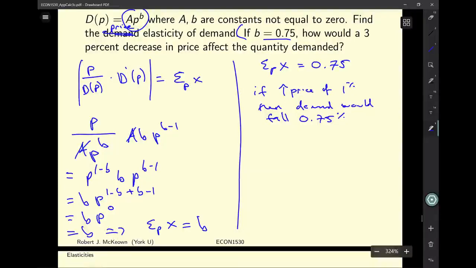So the answer is we're going to decrease the price by 3% and then multiply this by 0.75. Don't need the percentages there. Then we would expect to see an increase in quantity demanded of 2.25%.